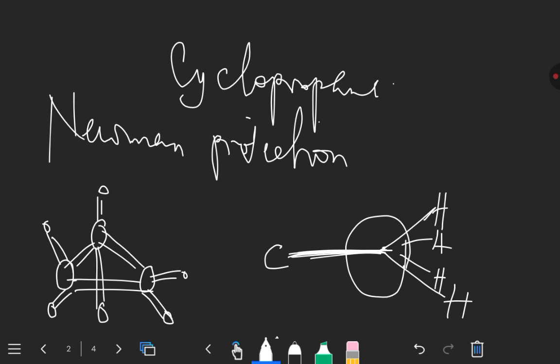Since it is cyclic, meaning that even the back carbon will be attached to this third carbon, then we can have the two hydrogens like that. So this is how you draw cyclopropane in a Newman projection. Okay, so that is what we need to understand from there.